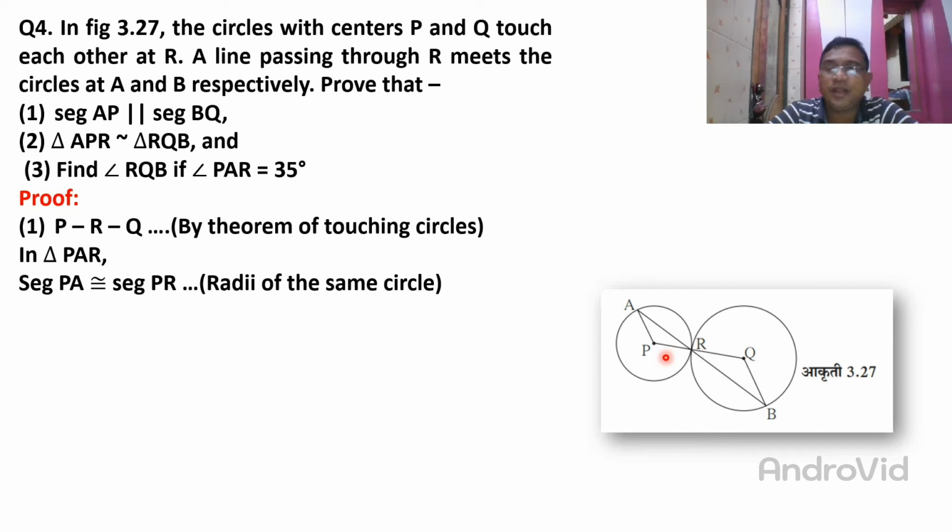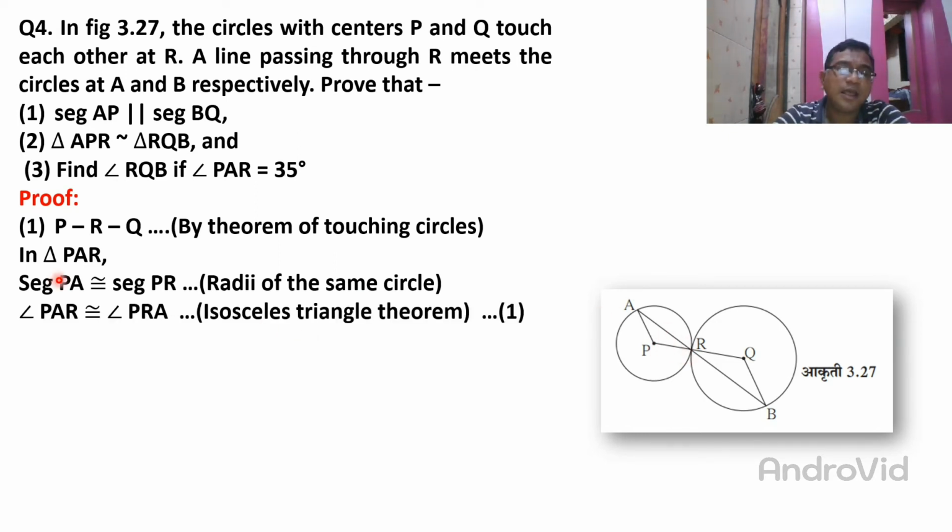All of you know very well, you already learned in 9th standard, when two segments are congruent, their opposite angles are congruent. So PA is congruent with PR. PA's opposite angle R is congruent with PR's opposite angle A. So angle R and angle A are congruent. We can write PAR congruent with PRA, by the isosceles triangle theorem.